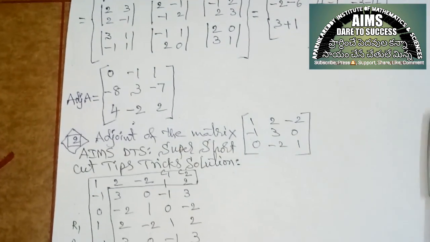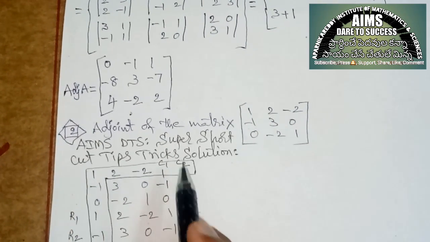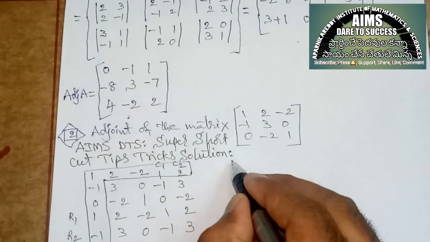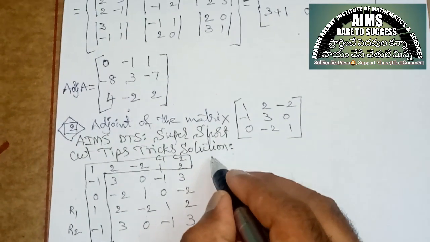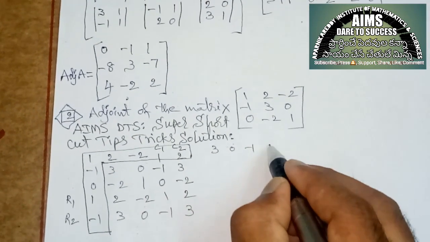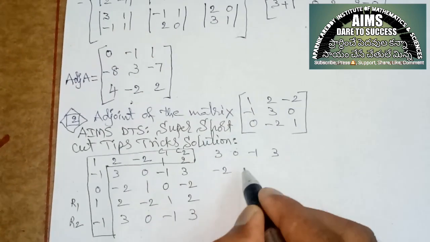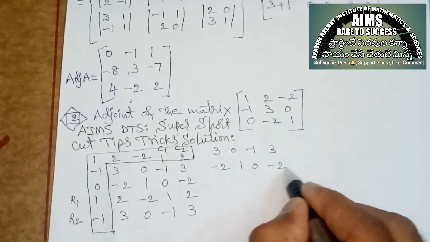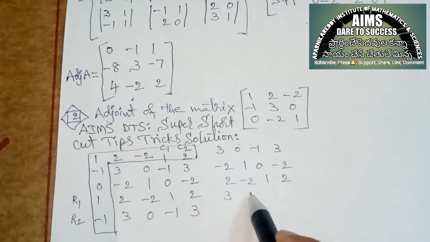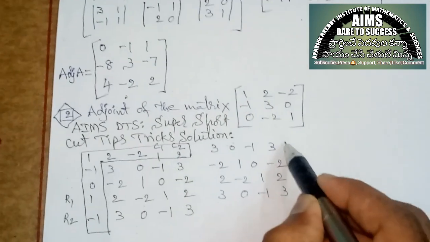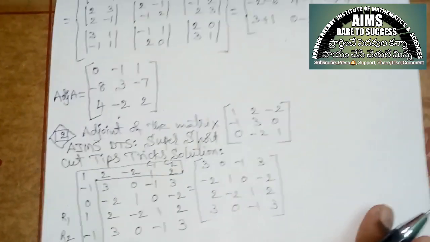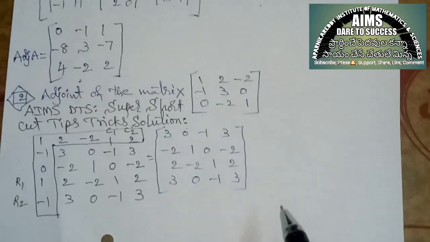After deleting column 1 and row 1, the remaining is as it is a 4 by 4 order: 3 0 minus 1 3, minus 2 1 0 minus 2, 2 minus 2 1 2, 3 0 minus 1 3. This is the 4 by 4 order matrix.